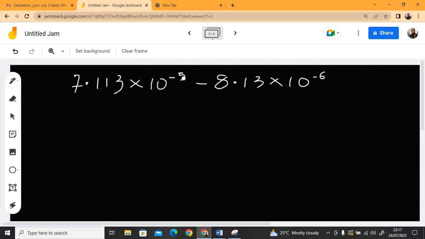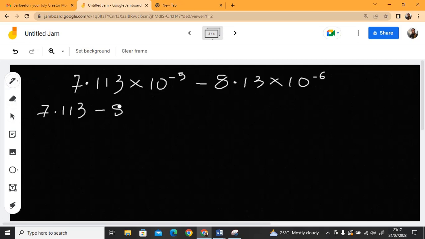So you pick the smallest, which is minus 5. So what you have left is 7.113 times 10 raised to the power minus 5. When you pick 10 raised to the power minus 5, there's nothing remaining. So you have minus.